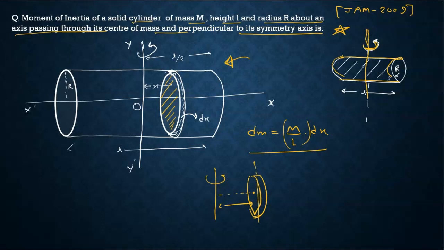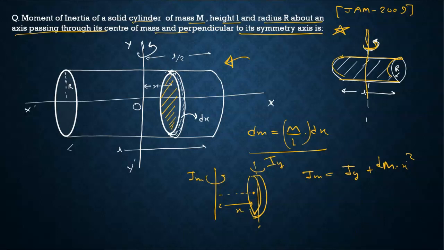First we will find, let's say this is Im, this is Iy. So Im equals Iy plus dm into, let's say this is x square, right?